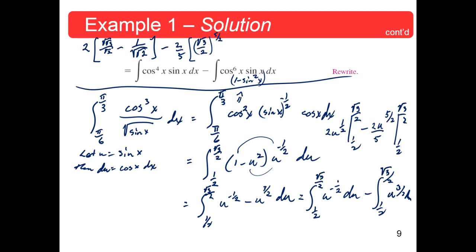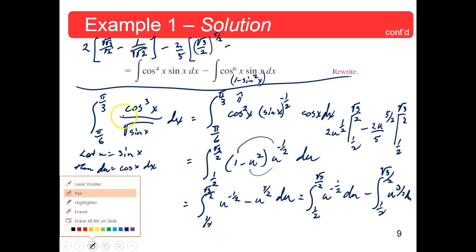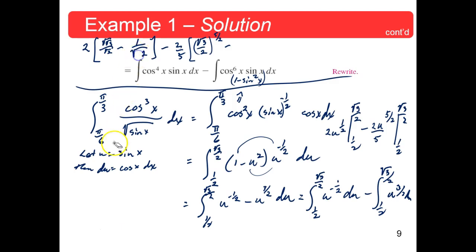I'm trying to figure out the best way to write this, and I haven't figured it out yet. Minus, I'll put that in parentheses there. And I've got too many square roots there. Sorry about that. That was just a 2, not square root of 2. Okay. Sorry. 1/2 to the 5/2 power.